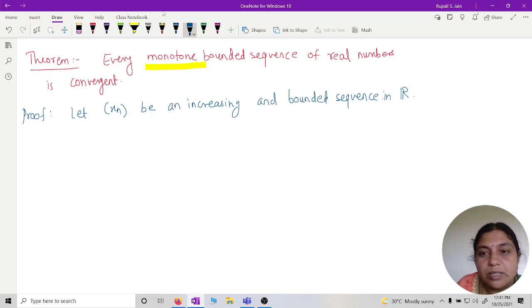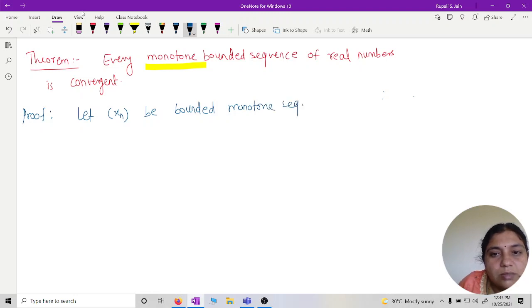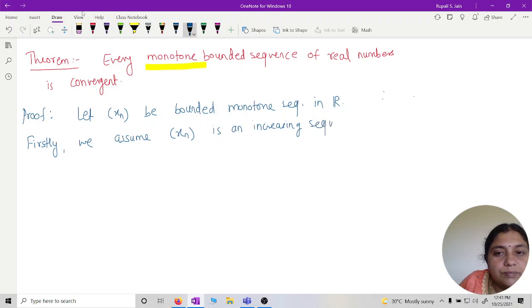So if it is a bounded sequence in R, let xn be a bounded monotone sequence in R. First we will prove it, firstly we assume xn is an increasing sequence.